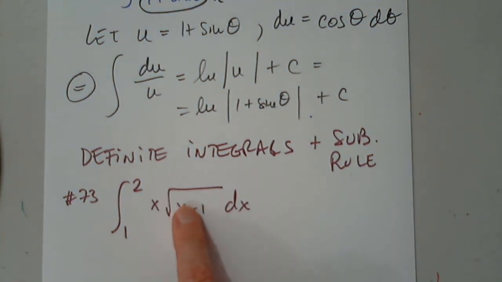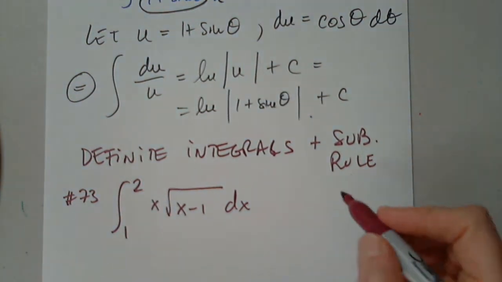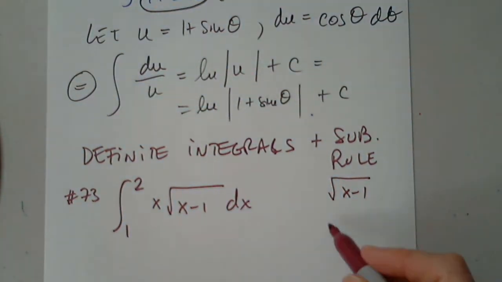What is the domain of this piece? How will I write the domain of the square root of x minus 1? I know we discussed that 3 months ago, but we should know how to find it. What do I have to write?